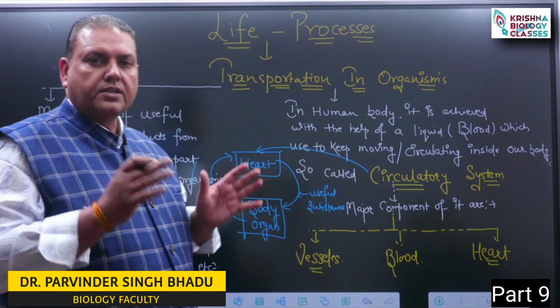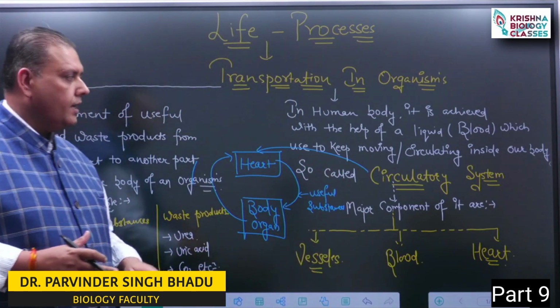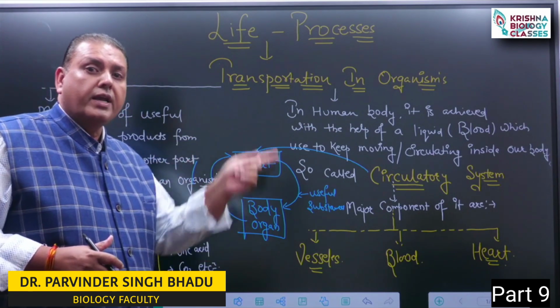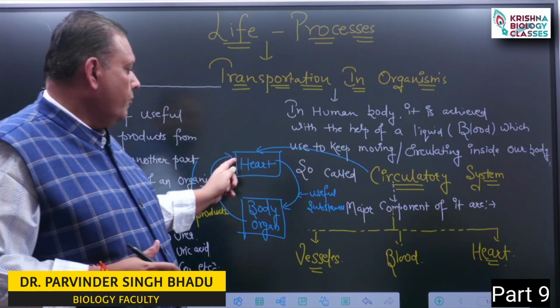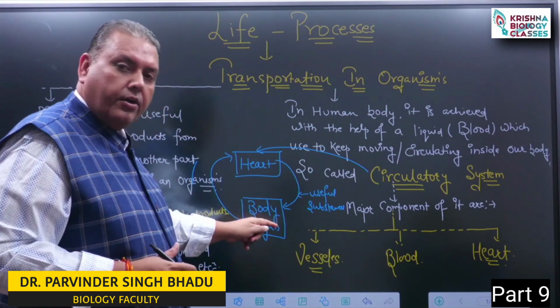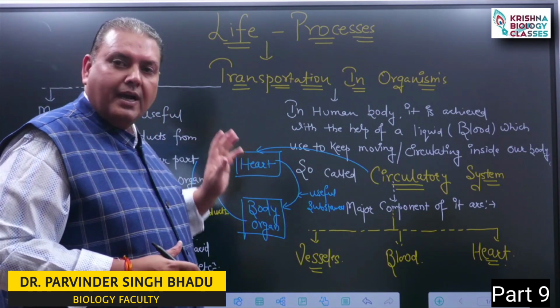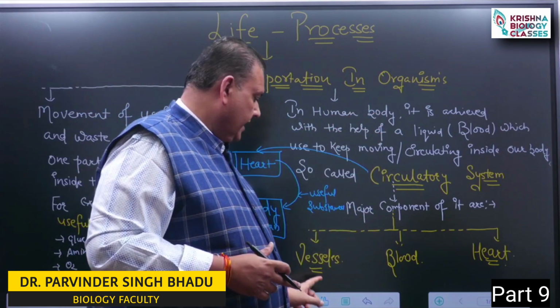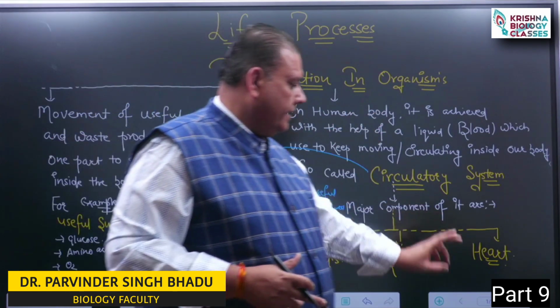So blood moves in a circular movement from the heart towards body organs and from body organs towards the heart. The major components of the human circulatory system are vessels, blood and heart.